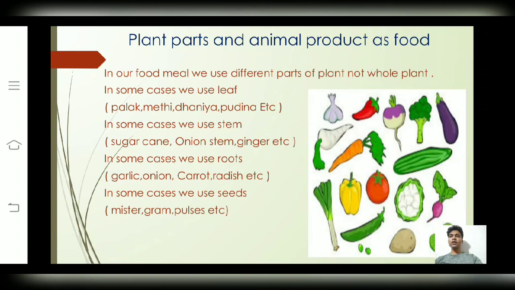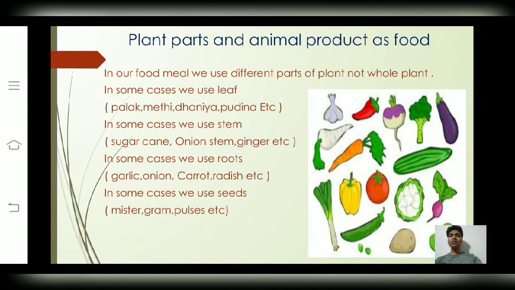Friends, here we will discuss which parts of plants and animals are usable as food. In our meals, we use different kinds of plants but not the whole plant.